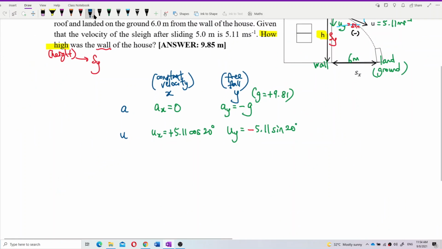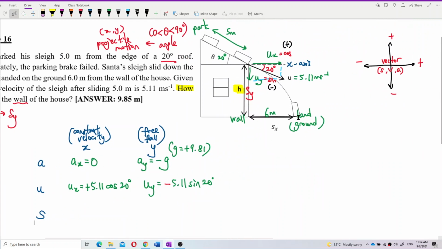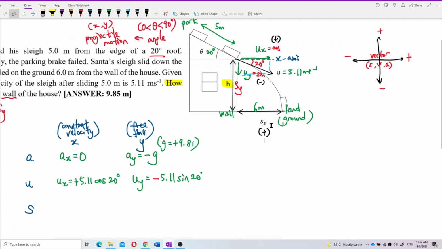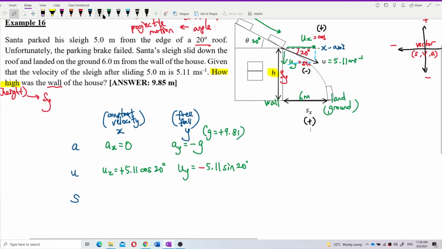Sx is also going to the right, at the right hand side of the origin, so it is a positive value. Sx is positive 6 meters.